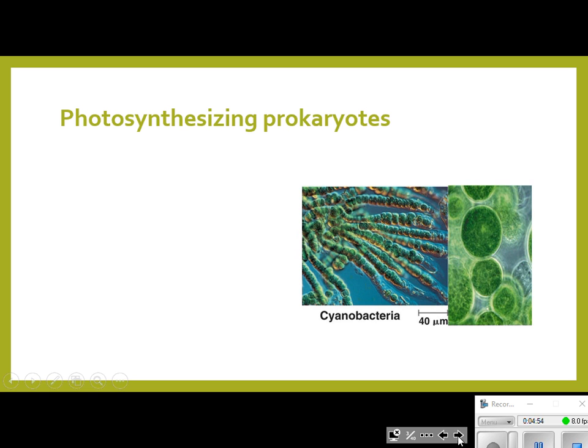Okay. Now, all of a sudden we have photosynthetic bacteria, and we call those cyanobacteria. I have a picture of the cyanobacteria right there, two different pictures of it. That was approximately 3.5 billion years old too.